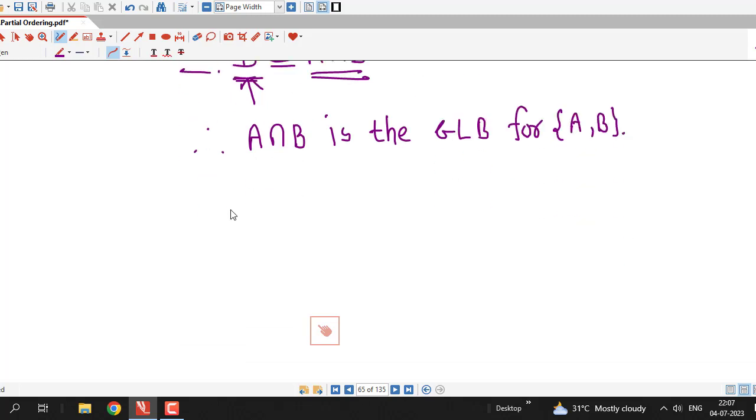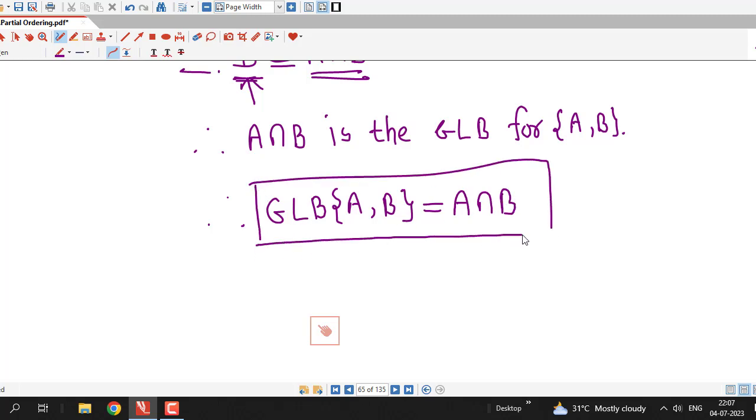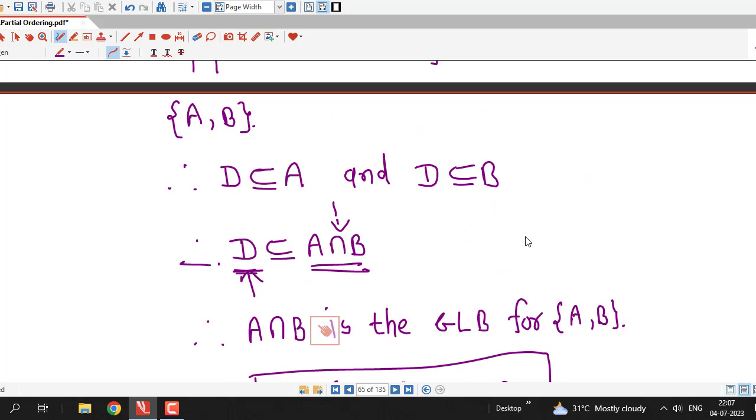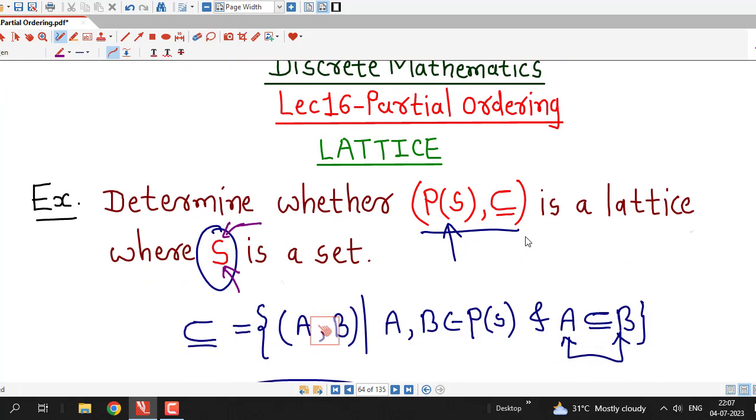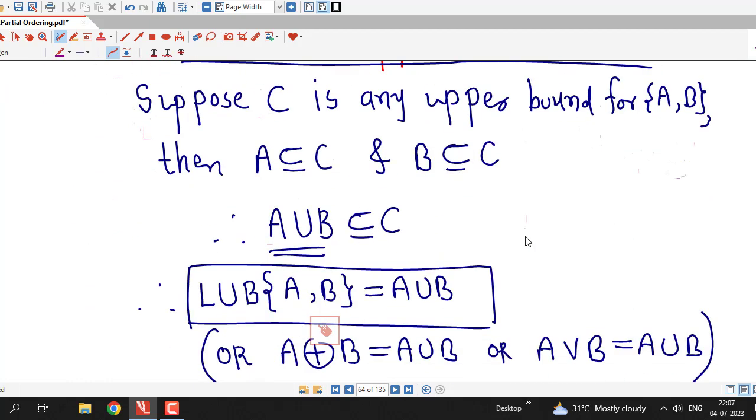Therefore greatest lower bound of the subset having two elements A and B is equal to A intersection B, and this always exists in the partial order set, which is power set of a set S in this case.